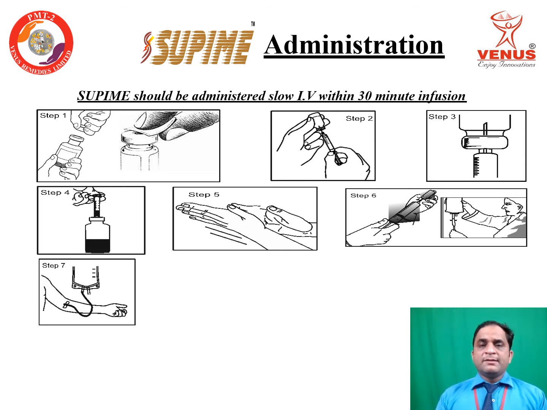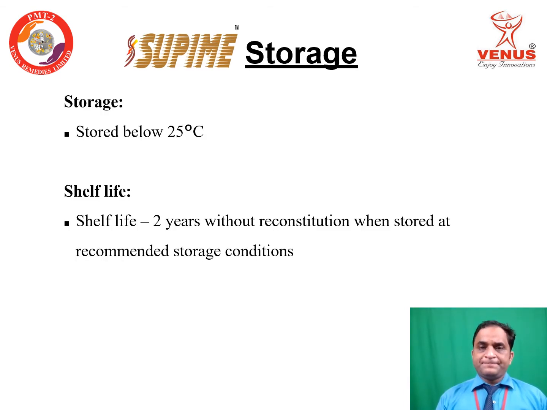So that is the administration procedure, or how to use Supine. Now storage. Supine should be stored below 25 degrees centigrade, and the shelf life of Supine is 2 years.